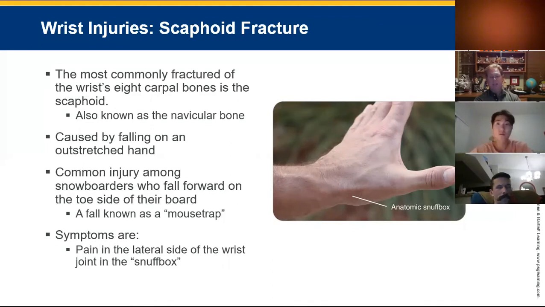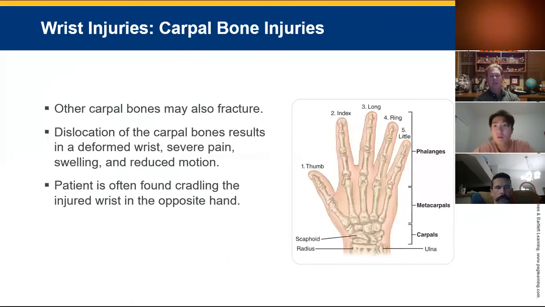They plant it, it gets stuck, they go forward, and the pole stays in place. So you'll see a lot of that. You can have that break, not just of the thumb, but that scaphoid process down there. It's in an area where you might not see a deformity, but you're going to get some obvious pain and swelling there.